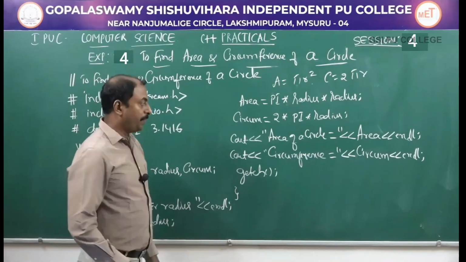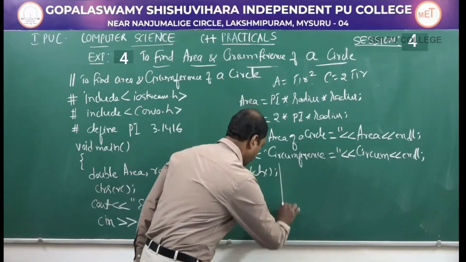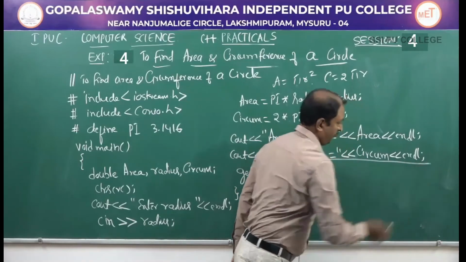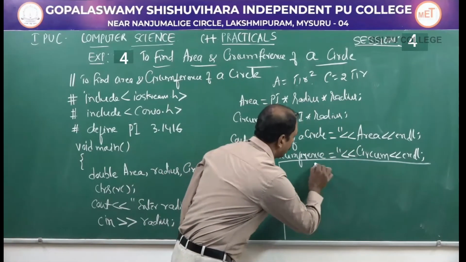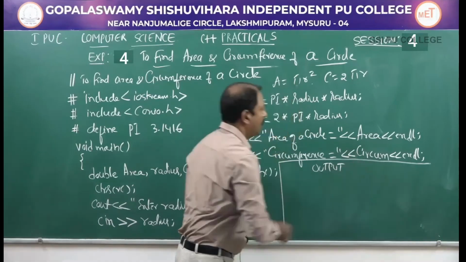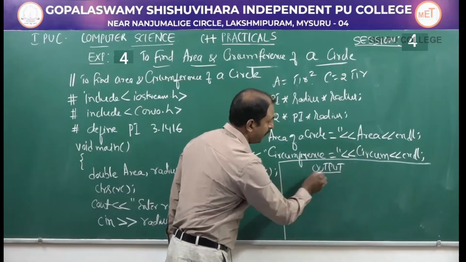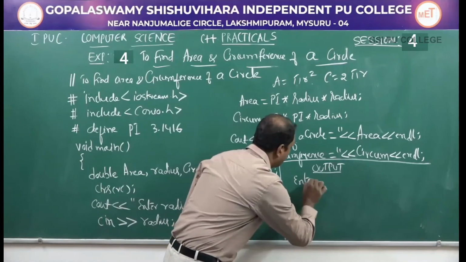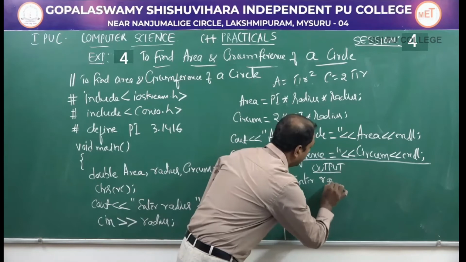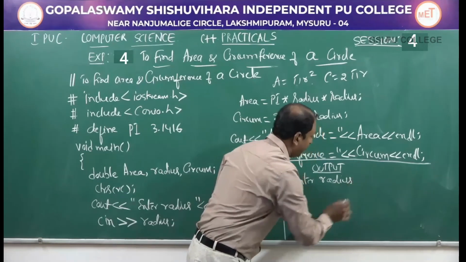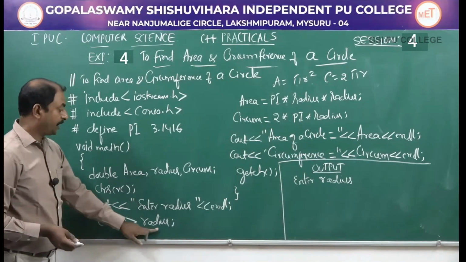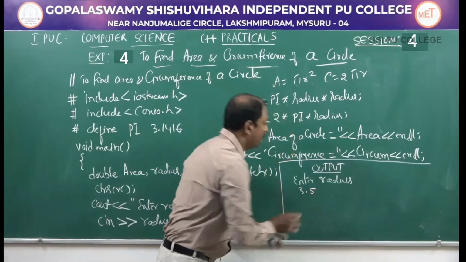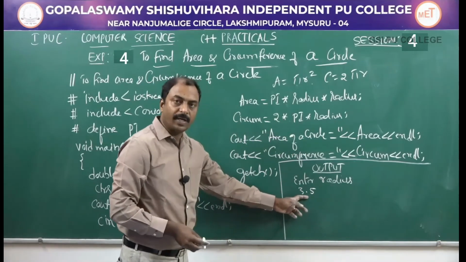The output would be as follows. First statement is enter radius. You will get the statement enter radius. Because of the input statement, we are supposed to enter the value of radius, 3.5 as the value.